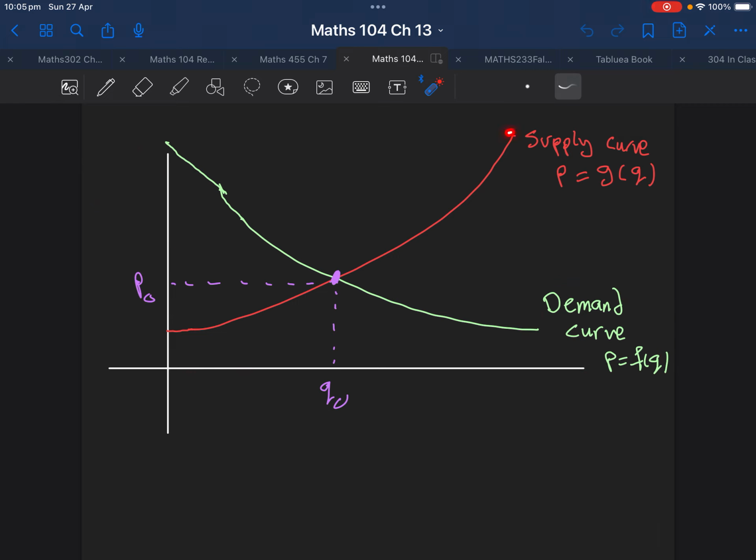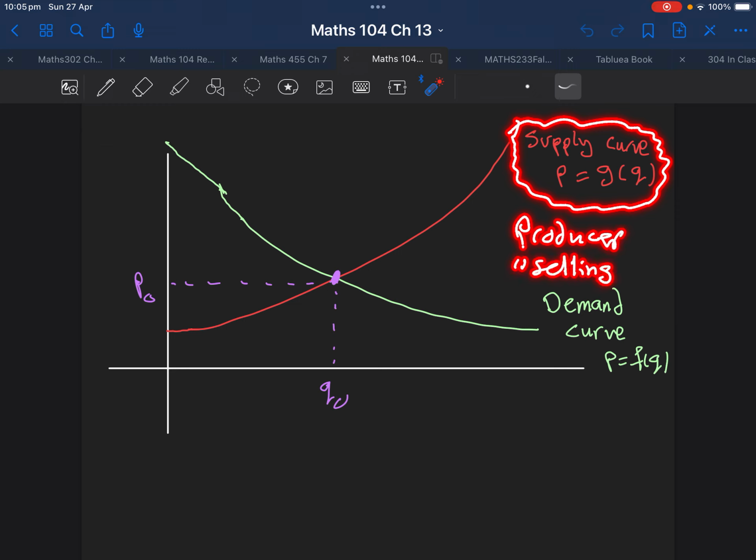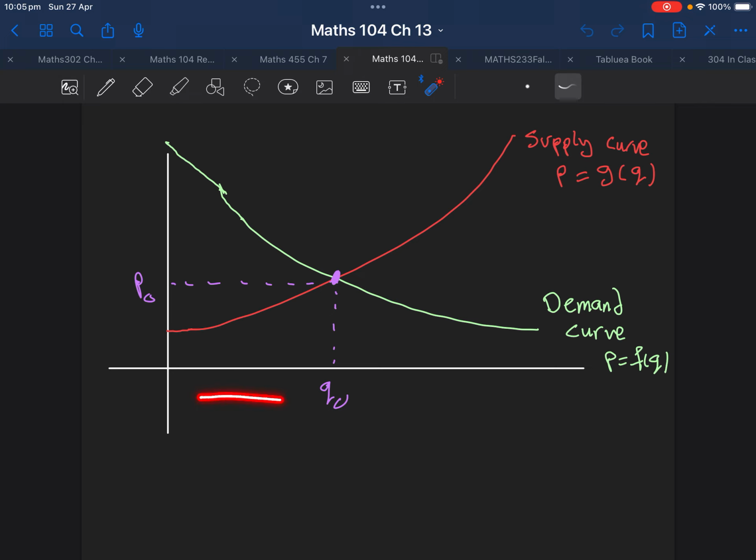On the other hand, we have something we call the supply law, which is from the producer point of view, and the producer, remember, is the one who is selling the items. For any seller, as long as the price goes up, they will be willing to sell more and more.